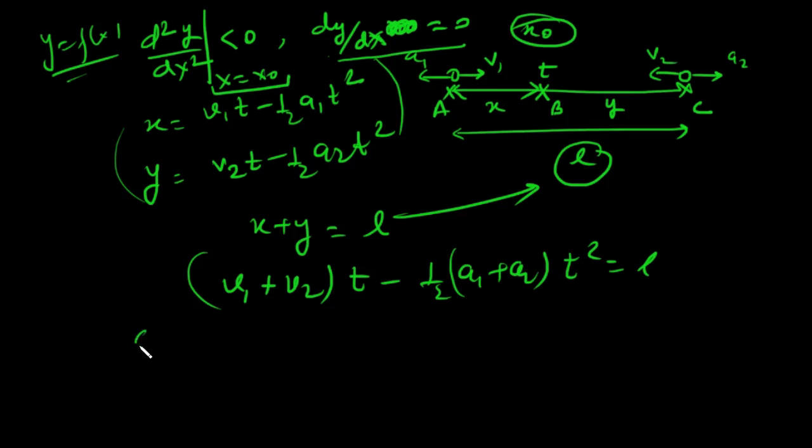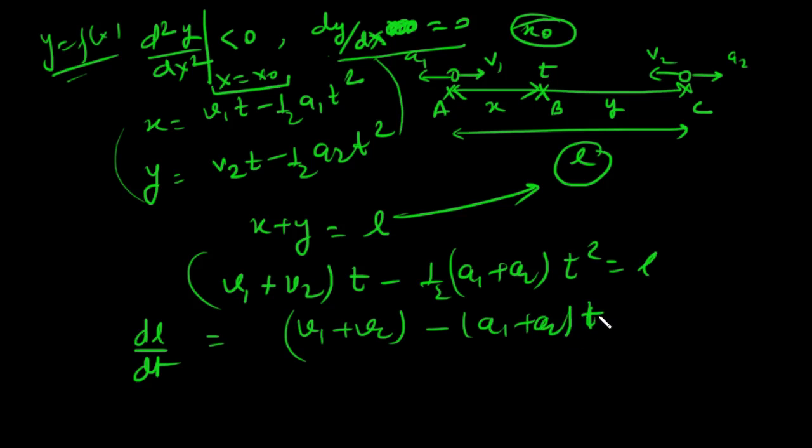So first of all, we will differentiate L with respect to time because the variable only here is time. So dL by dt would be 0. So this would be v1 plus v2 minus (a1 plus a2) into t equal to 0. I will not teach you differentiation, I have already taught you. So t would be equal to (v1 plus v2) upon (a1 plus a2).